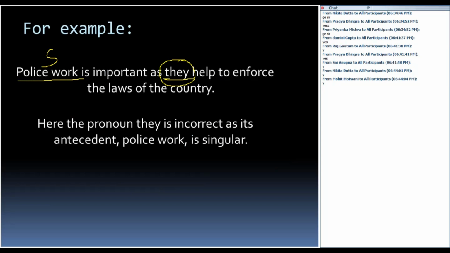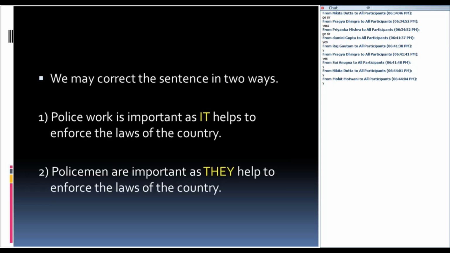I will have to correct it. There can be two ways. I can either say, "Police work is important as it helps to enforce the laws of the country."